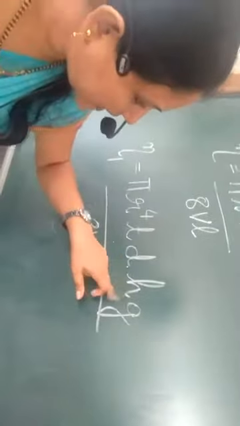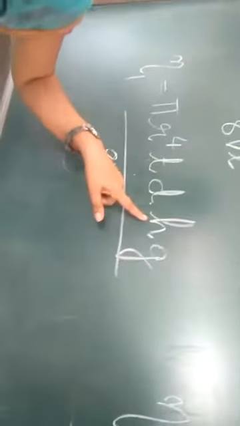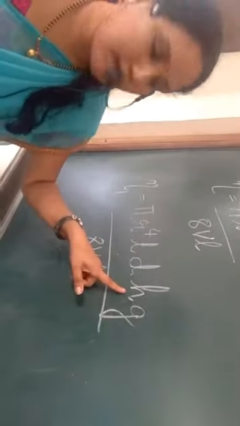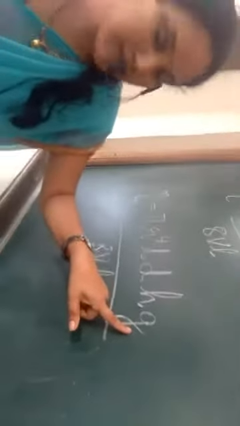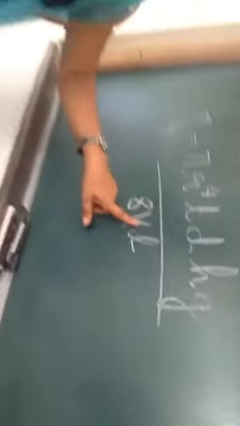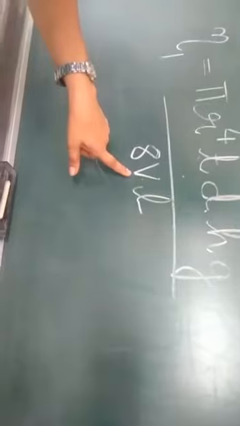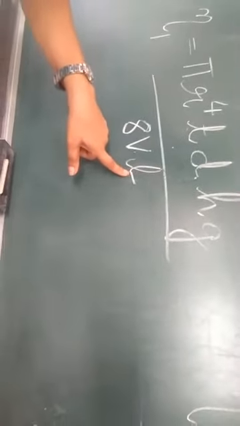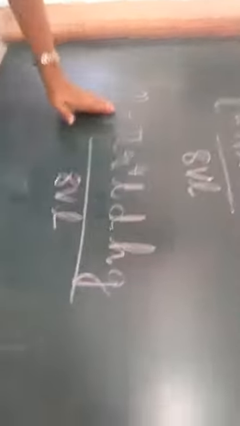H is the height of the capillary, and g is gravity. 8 is a constant, V is the volume of the liquid taken, and L is the length of the liquid column, how much liquid is present.